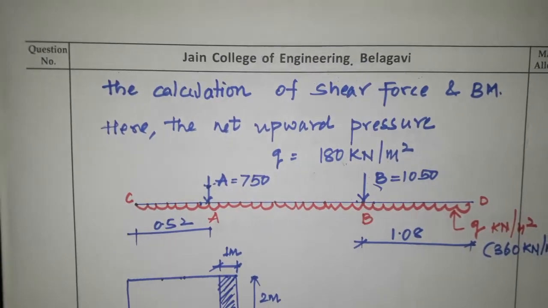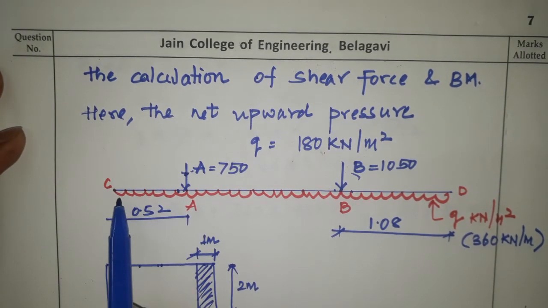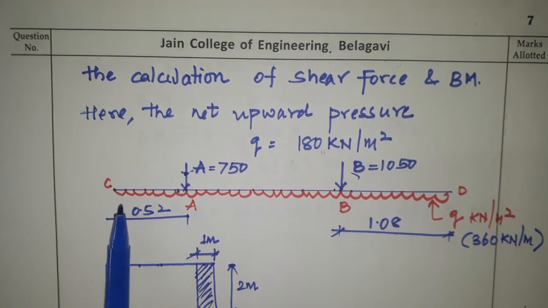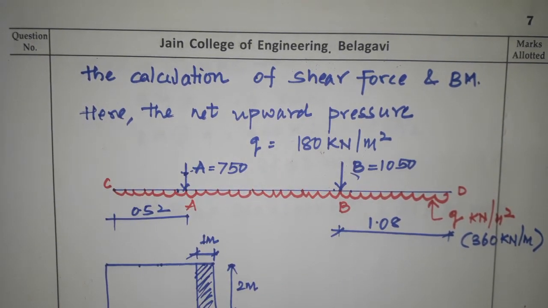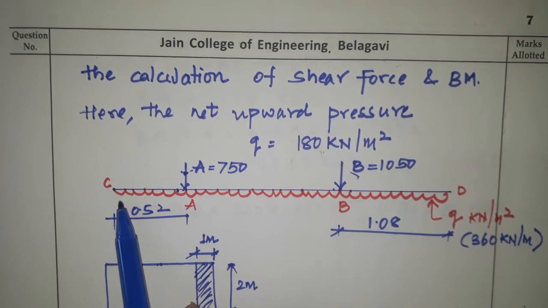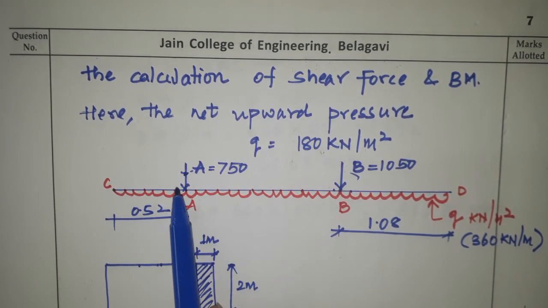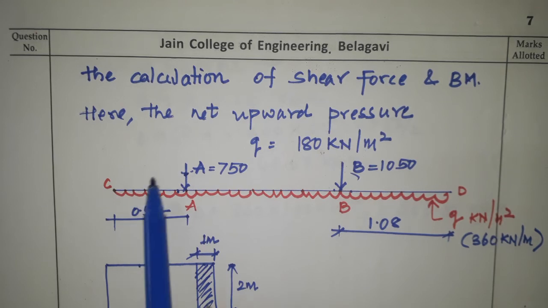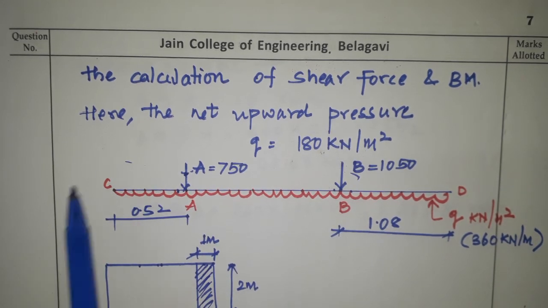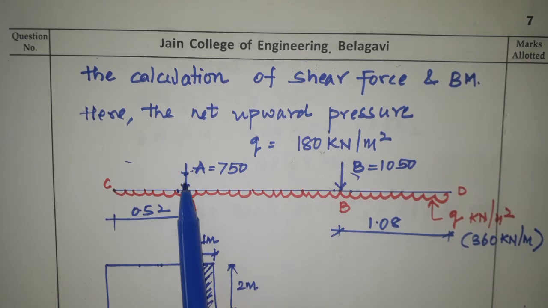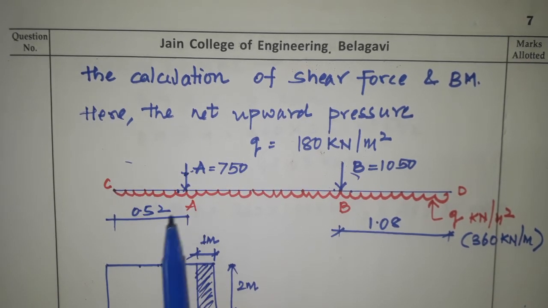Let me show you the free body diagram here. Check here, it is 360 UDL, like a cantilever beam subjected to UDL. In that case the maximum moment will be at the support. We have to consider this part, A to C, as a cantilever beam with UDL, with column A as the support. The basic equation for a cantilever beam with UDL is WL square by 2.